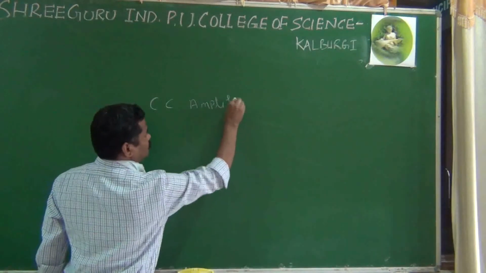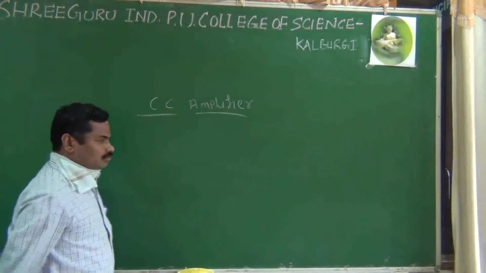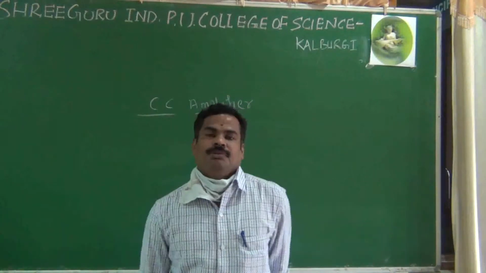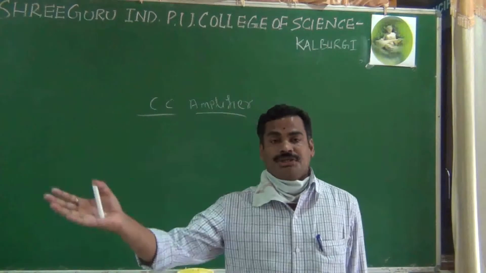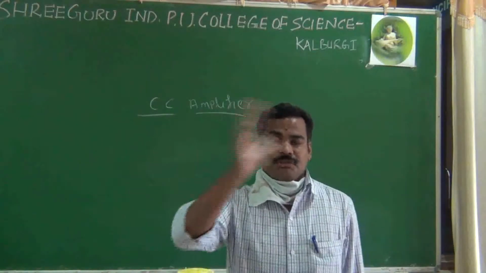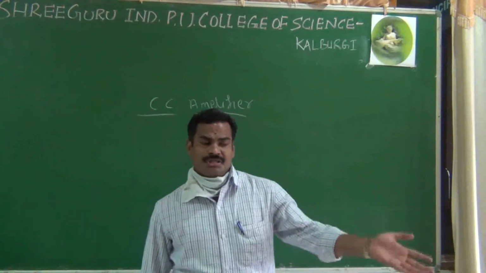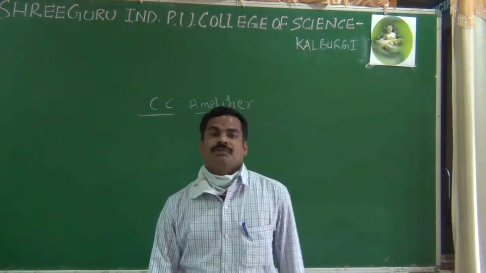As you know already, according to the configuration, we classify amplifiers by which terminal is common for input and output. It may be common base, common collector, or common emitter. In yesterday's class we studied common base, and today we will go for the common collector.